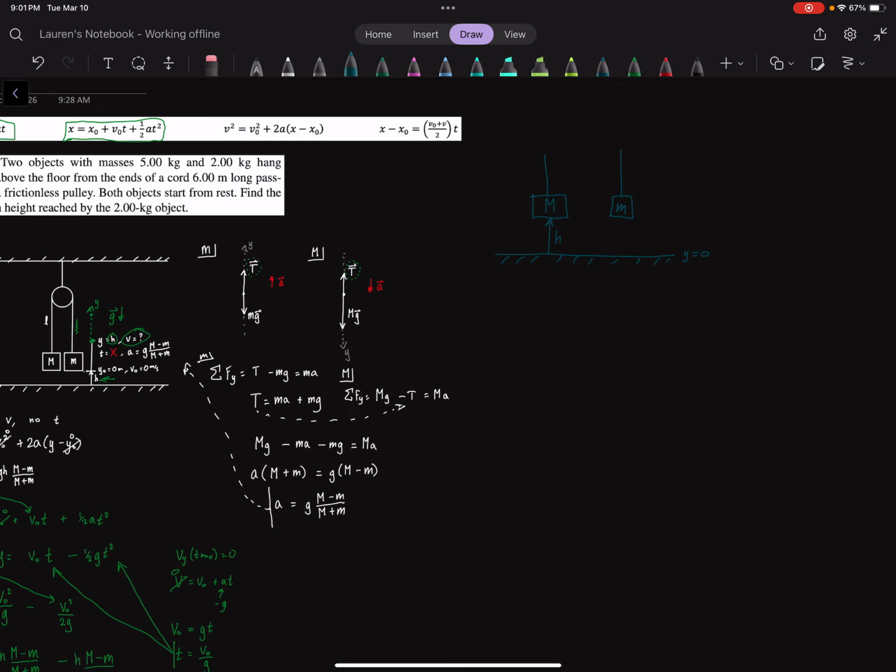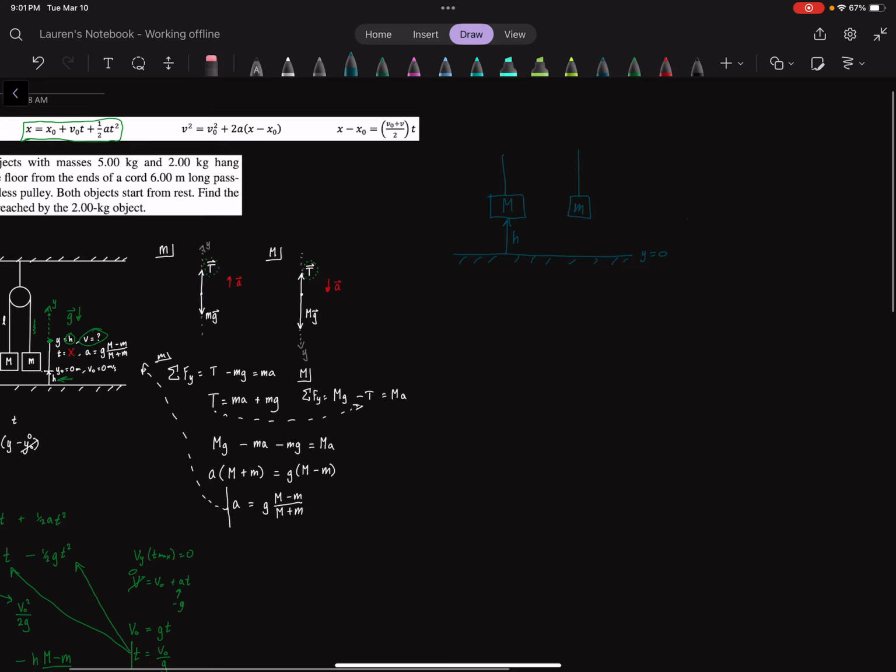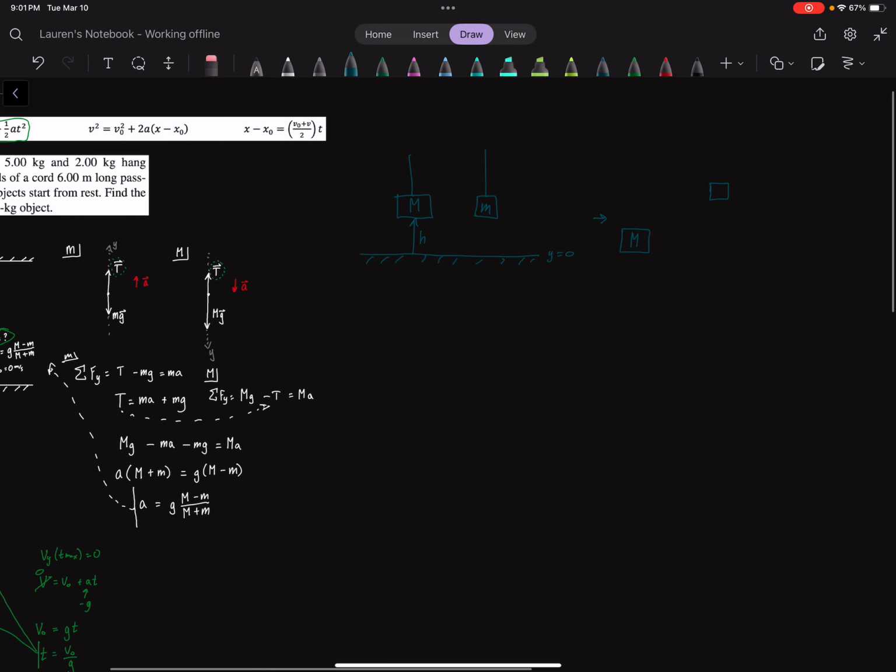So initially they look like this, and then afterwards big M has fallen down to the ground and little m has gone up. And we're going to just first take, before it scrunches the rope. So before it scrunches, it's just gone up a distance h, just like big M has gone down a distance h.